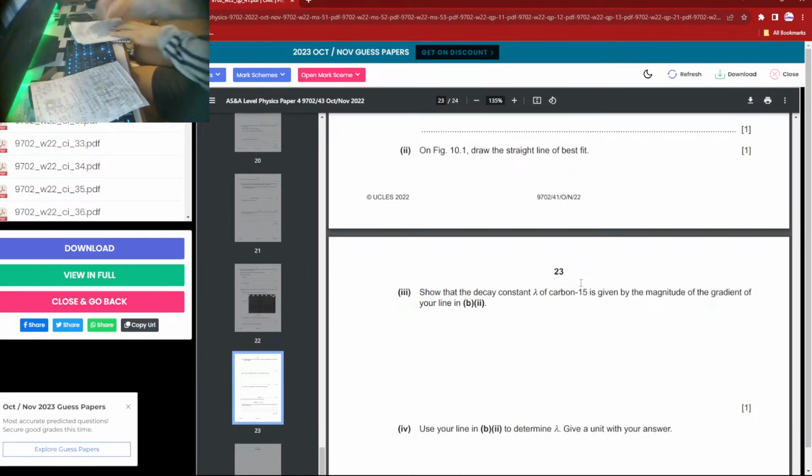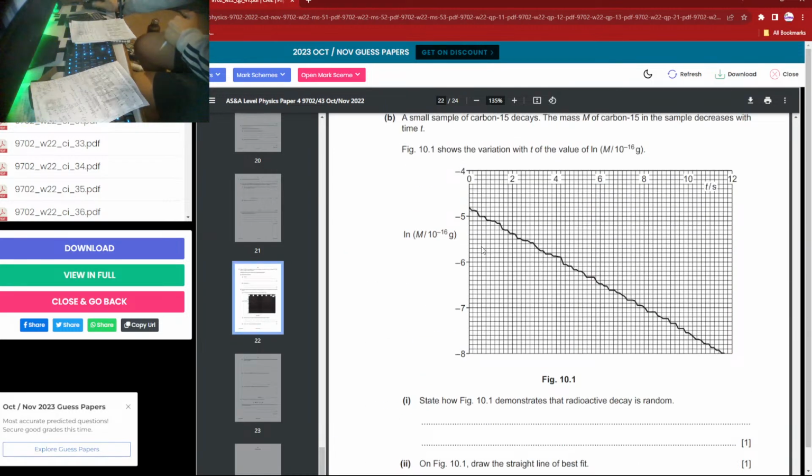Number 3, show that the decay constant of carbon-15 is given by the magnitude of the gradient of your line in B2. So here we actually do the decay constant. What's that formula again? Something about the mass is equal to m naught e to the negative lambda t. Yeah, that's it.